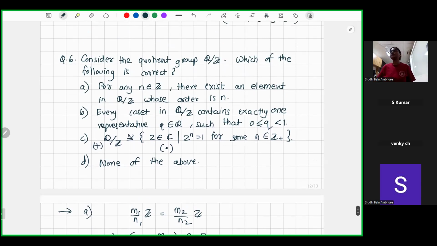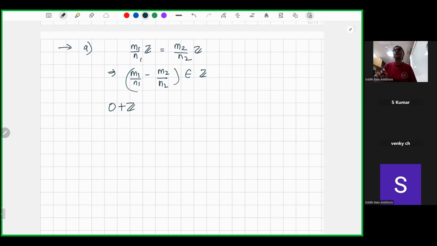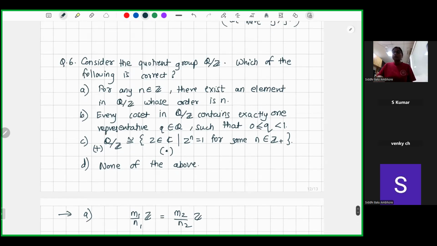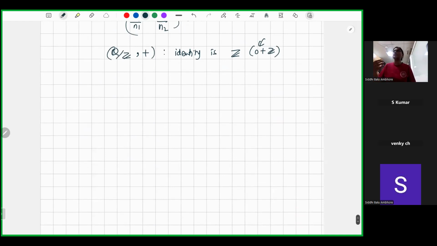The 0 here is 0 plus Z. We are dealing with Q, Z under addition, so the identity is Z, which is 0 plus Z. The moment I get an integer after subtraction, that element belongs to Z. So I want an element whose order is n. Can you give me one element whose order is n under addition in Q mod Z?